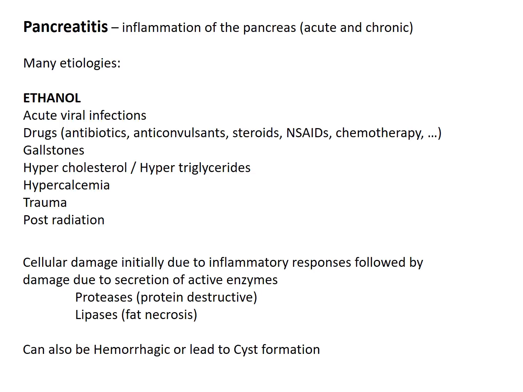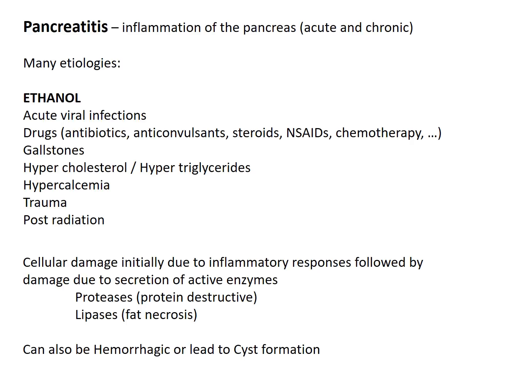Viral infections and a lot of different drugs can cause inflammation of the pancreas, particularly nonsteroidals, chemotherapy, a variety of different antibiotics and anticonvulsants, as well as gallstones, disorders of lipids, elevated calcium levels, trauma, and radiation.